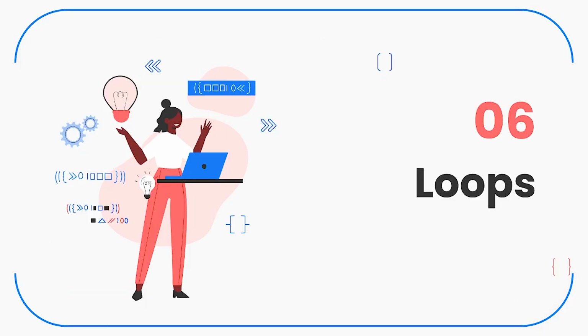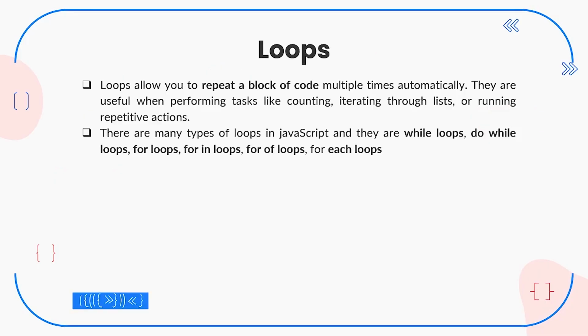All right. Let's move on to the loops. So loops are used to repeat blocks of code multiple times automatically. So for instance, let's say you want to print out hello 10 times. You have to write console.log hello 10 times.